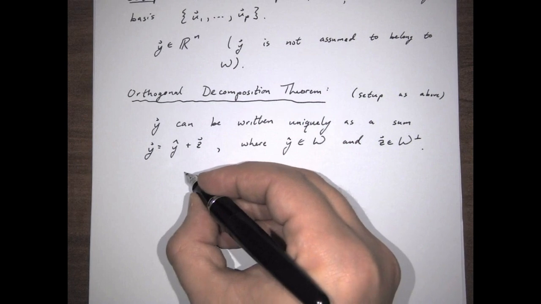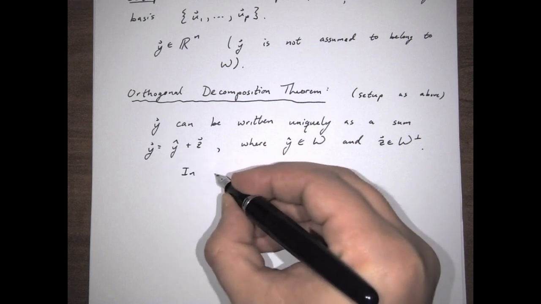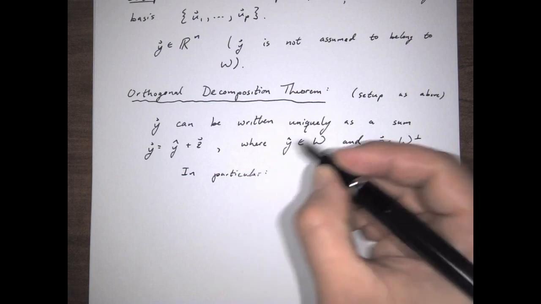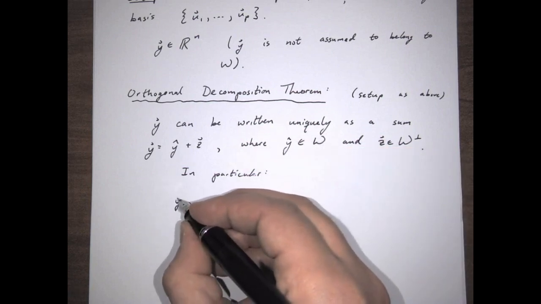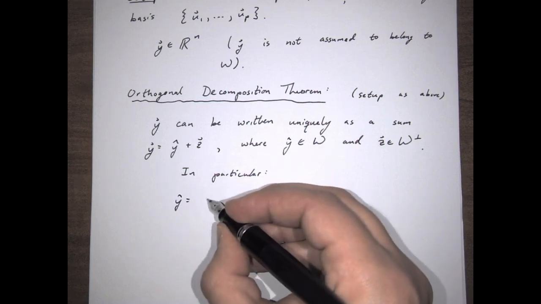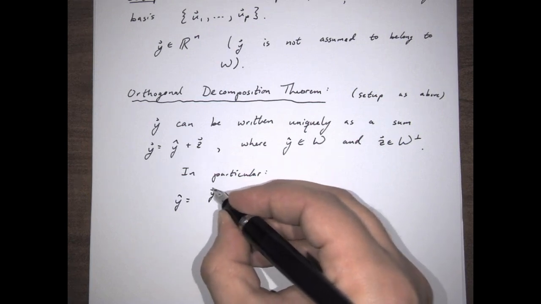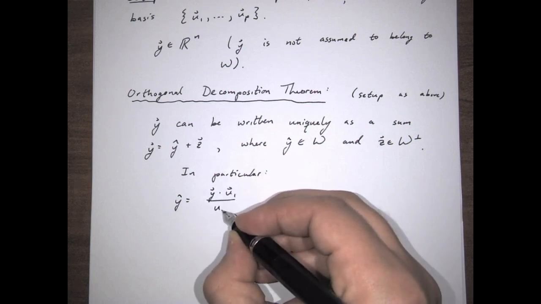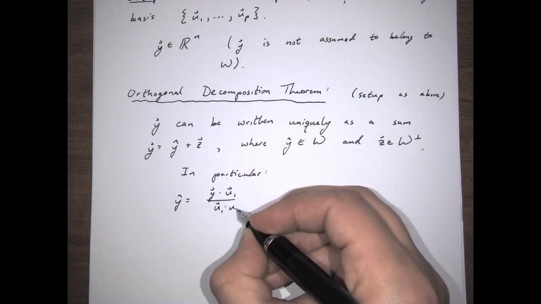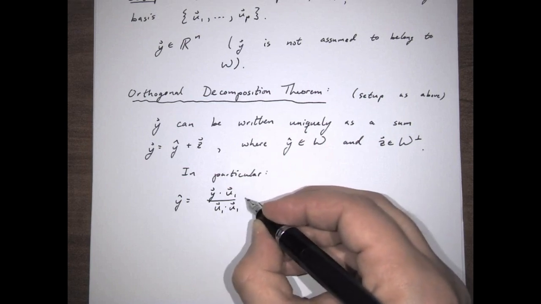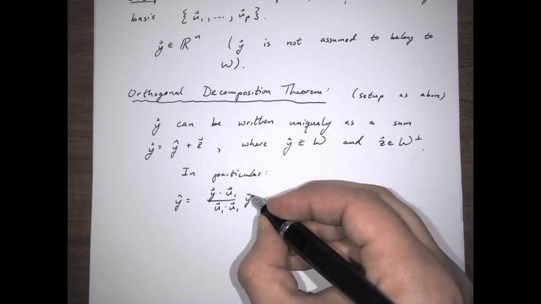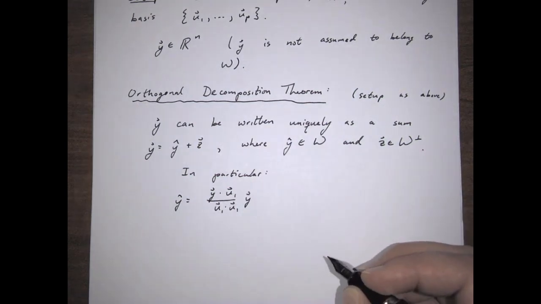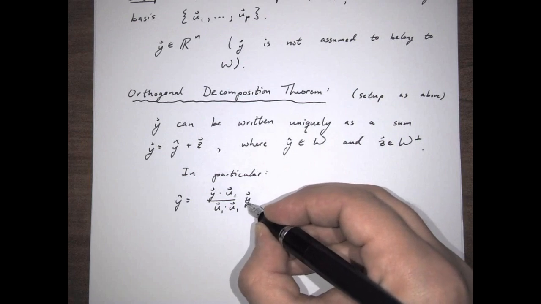So in particular, y hat is equal to y dot u1 over u1 dotted with itself times u1. This is a scalar multiple of u1.